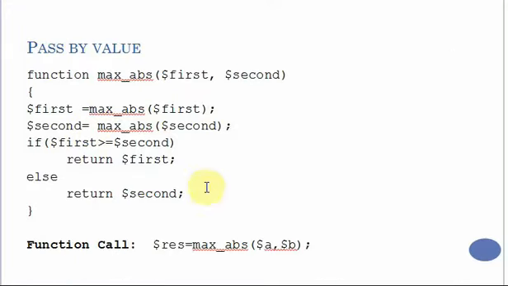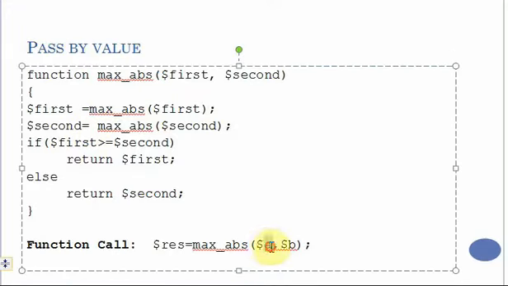This is for pass by value wherein you're passing the copy of the value. Your function name is max absolute, and suppose a is 10 and b is 20. So that 10 and 20 are your actual parameters. That value is stored in the variables first and second, so first and second have 10 and 20.